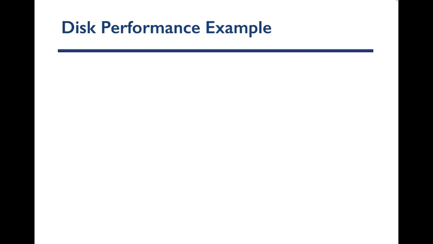Now let's look at this with some examples. Let's make some assumptions. Let's assume that there's no queuing or controller time for now, so both of them are 0.